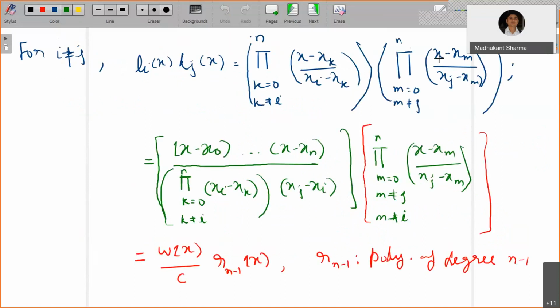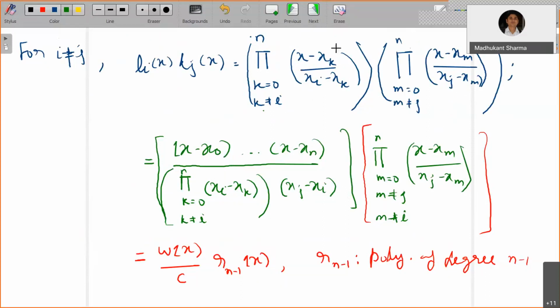For li of x, it will be the product of x minus xk divided by xi minus xk, where k is not equal to i and k is running from 0 to n. If you recall from the definition, I have written li of x explicitly here. Similarly, lj of x is the product of x minus xm divided by xj minus xm, whenever m is not equal to j. Now see this term, x minus x0 to x minus xi minus 1, and then x minus xi plus 1 to x minus xm.